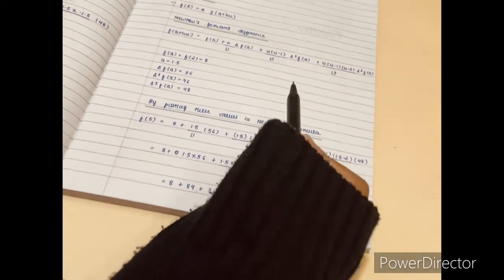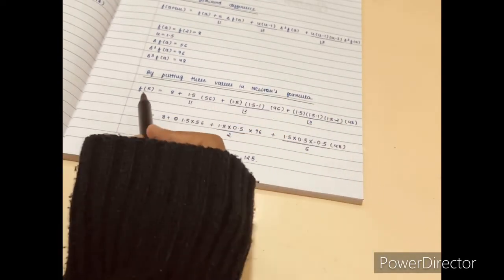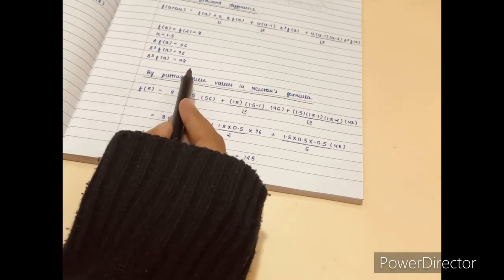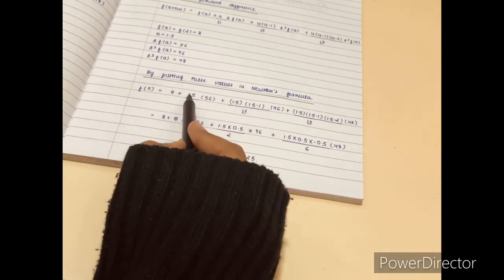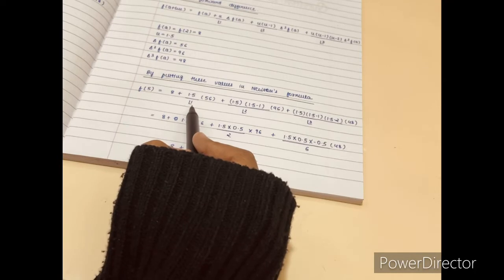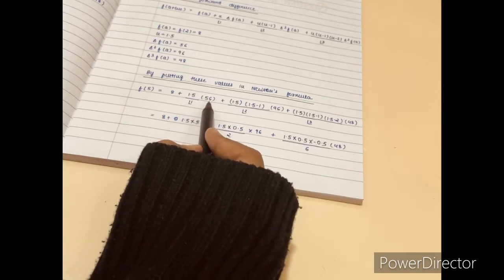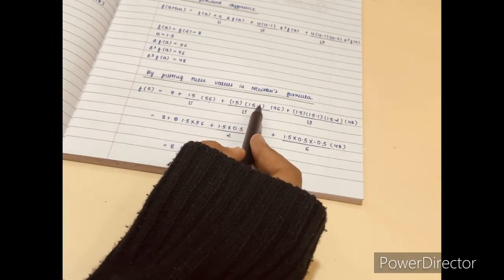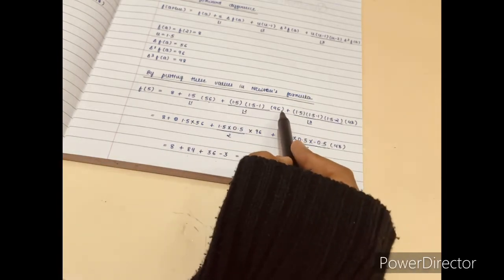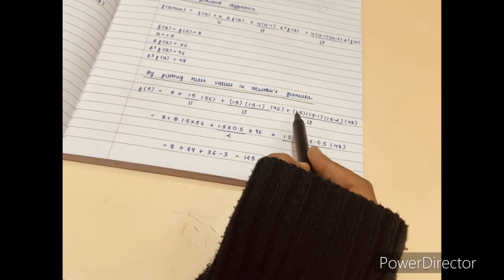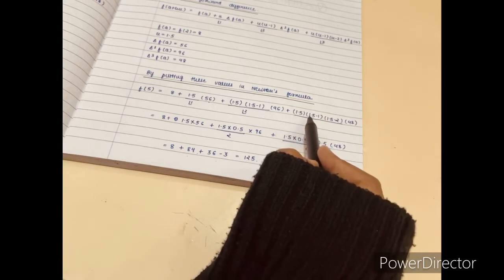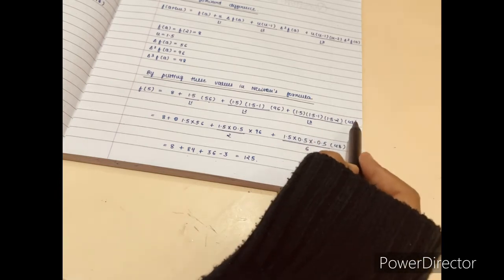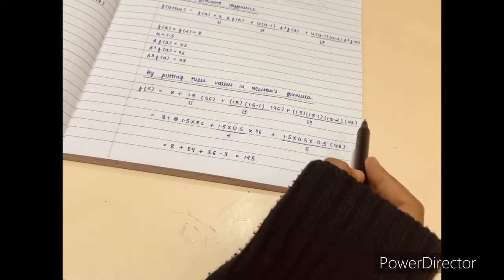By putting these values in Newton's formula, f(5), that is a plus hu, equals 8, that is f(2), plus 1.5 upon factorial 1 into 56, plus 1.5 into 1.5 minus 1 upon factorial 2 into 96, plus 1.5 into 1.5 minus 1 into 1.5 minus 2 upon factorial 3 into 48, that is del cube f(a).